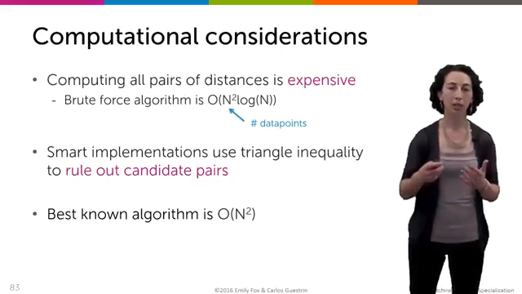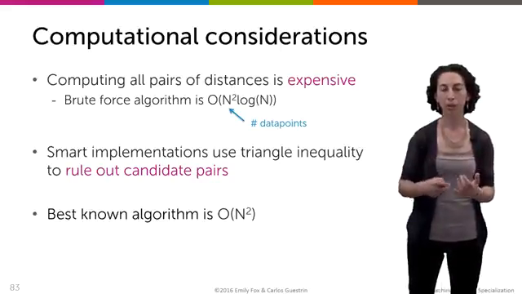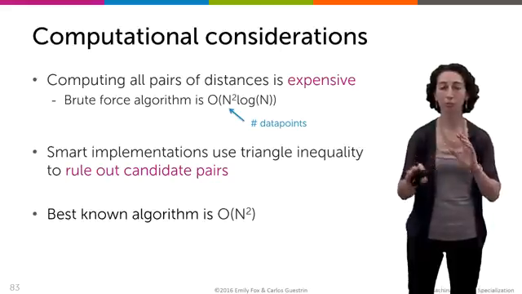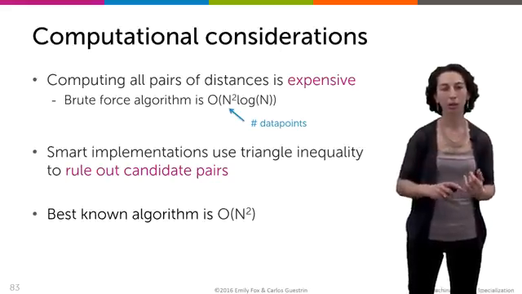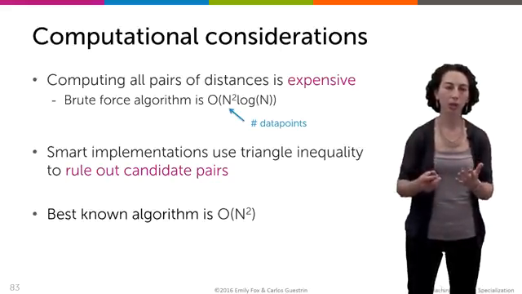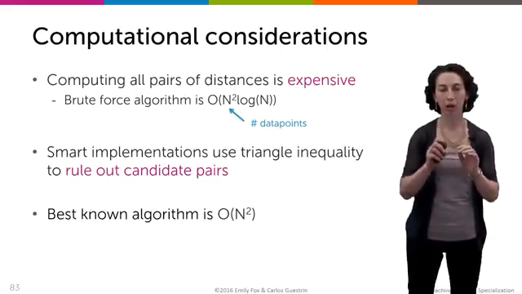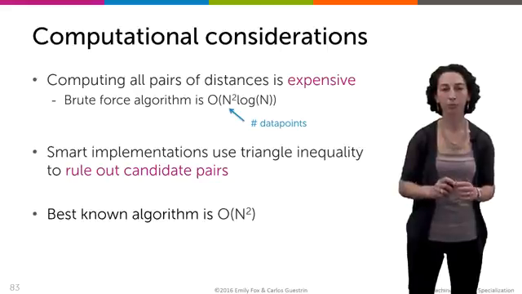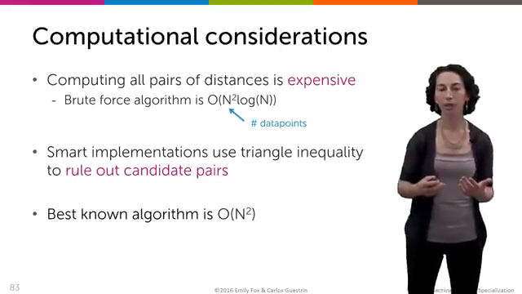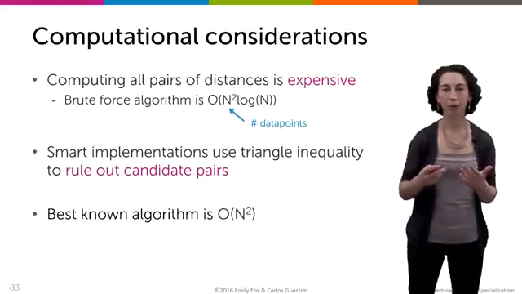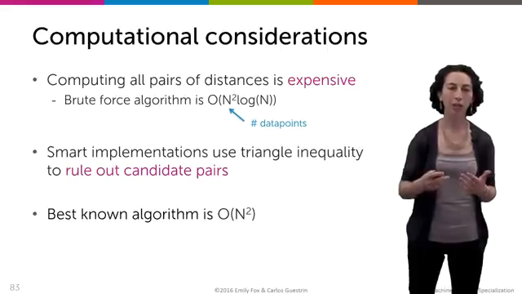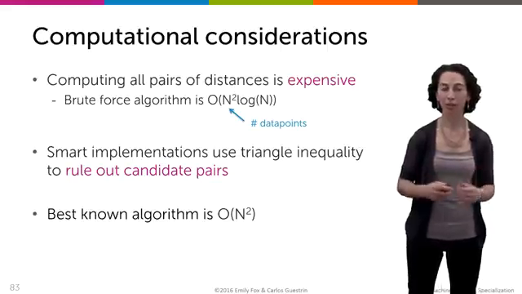But just like in nearest neighbors, we talked about KD trees and efficient ways of pruning the search space. Well, here we can also think about using the triangle inequality to rule out certain potential merge moves. And if you do some really fancy things, the best known algorithm for performing hierarchical clustering has complexity order n squared instead of n squared log n, but that's still quite a lot if n is very large.